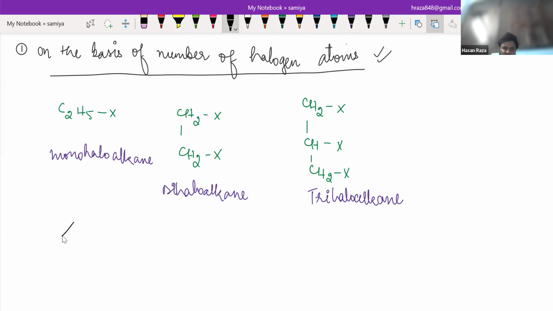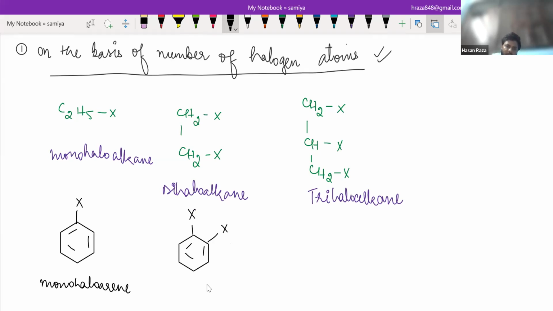In the same way, we can classify haloarene. This is 1 X, that means monohaloarene. The second one has 2 X, that means dihaloarene.